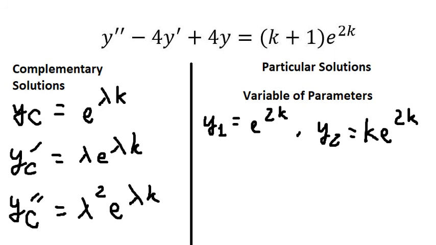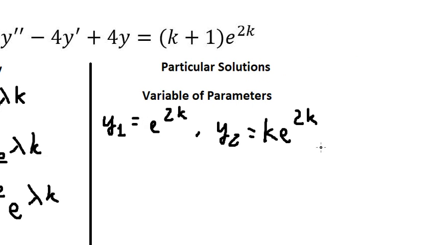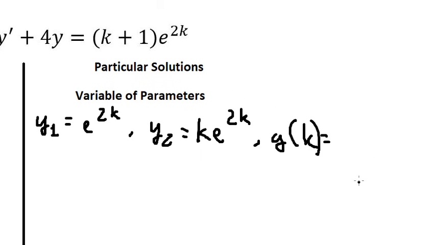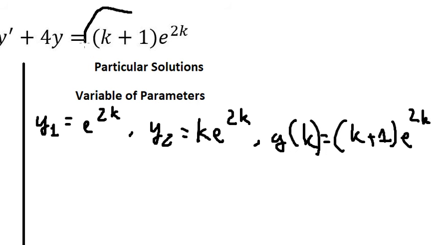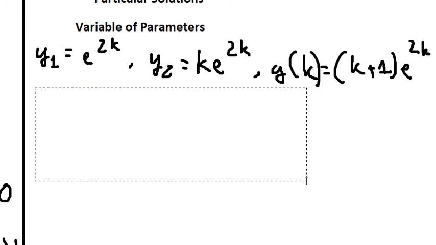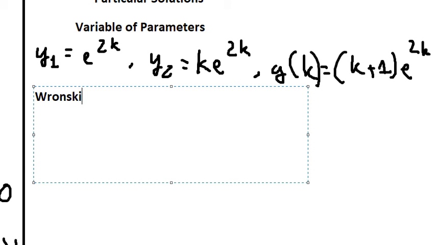And the next one, g(k), equals (k plus 1) e to the power of 2k. That's it from here. So that's why we write this one in here. And now we can use the Wronskian between y1 and y2.